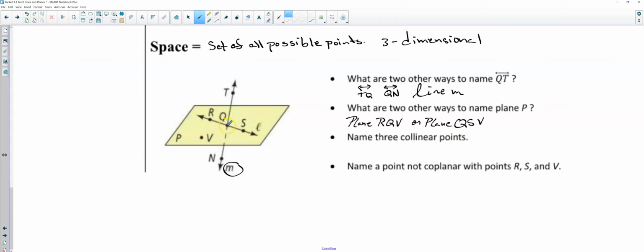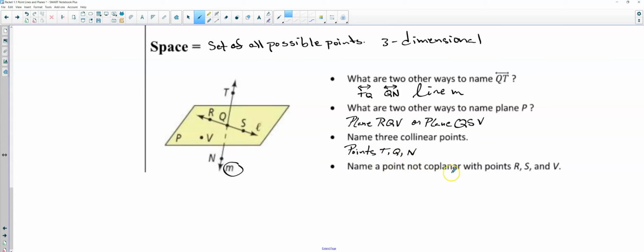It could be points R, Q, and S, or it could be points T, Q, and N. In other words, when we're naming points, I'm going to separate them by a comma. So points T, Q, and N. Those points are collinear. Also, points R, Q, and S are also collinear.